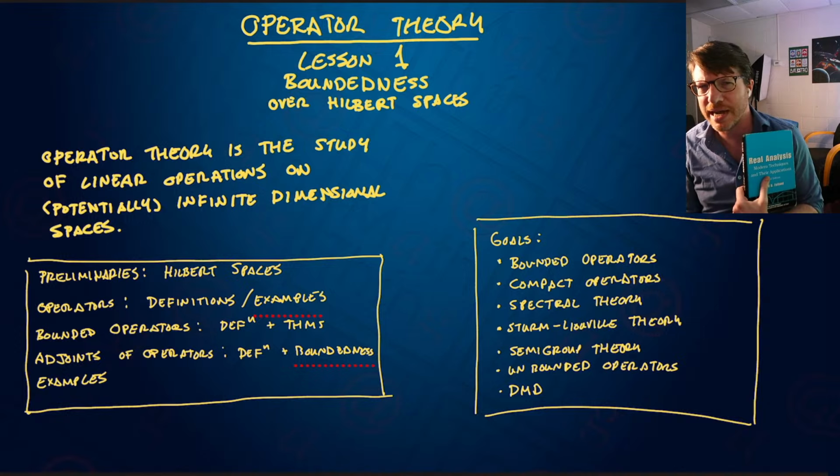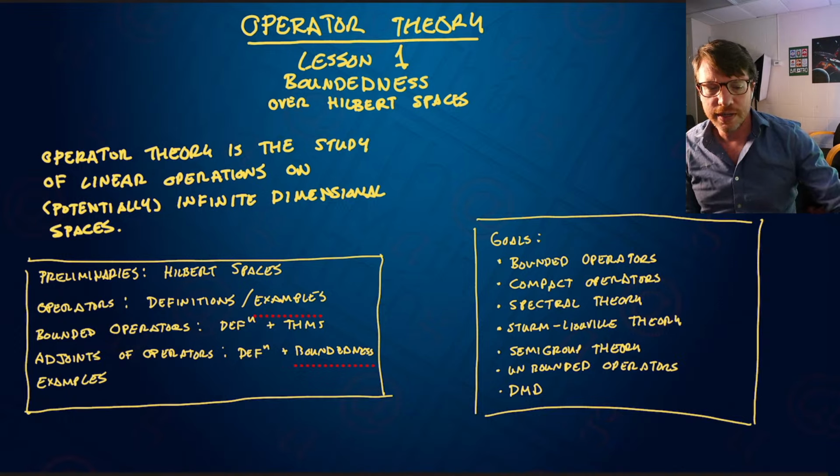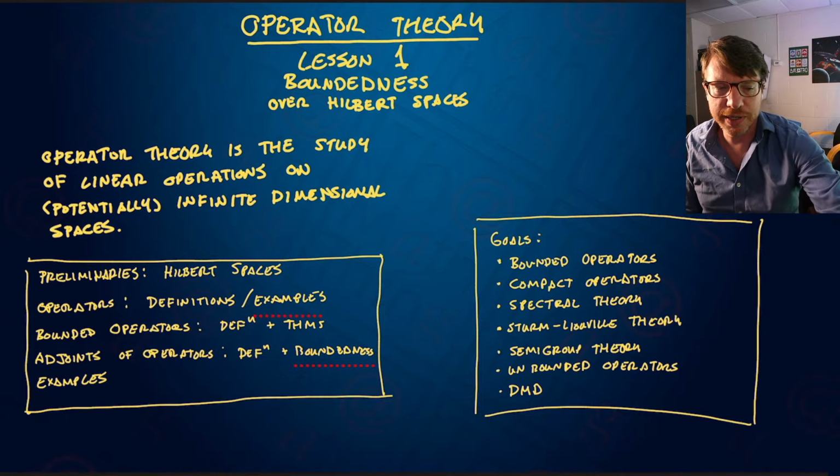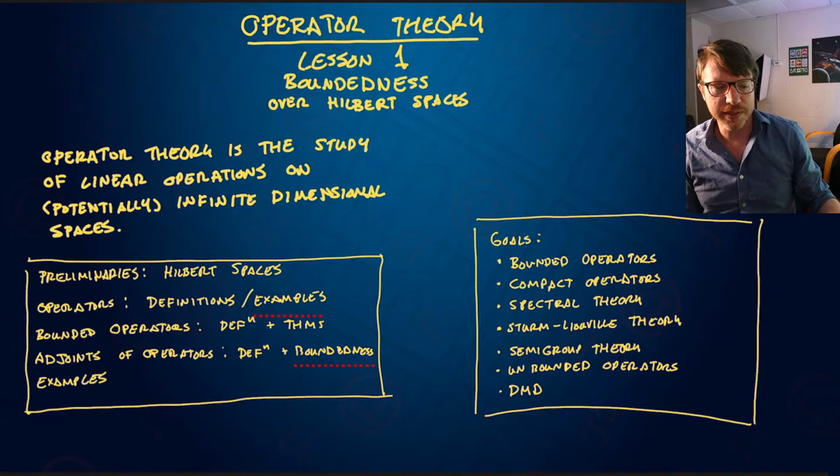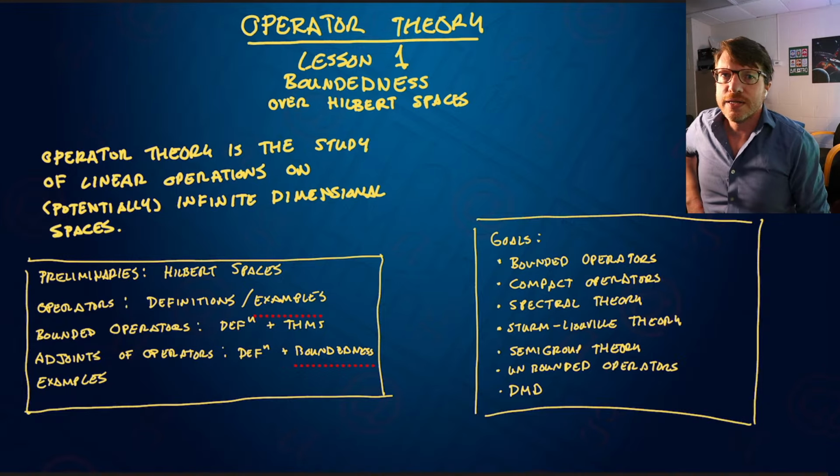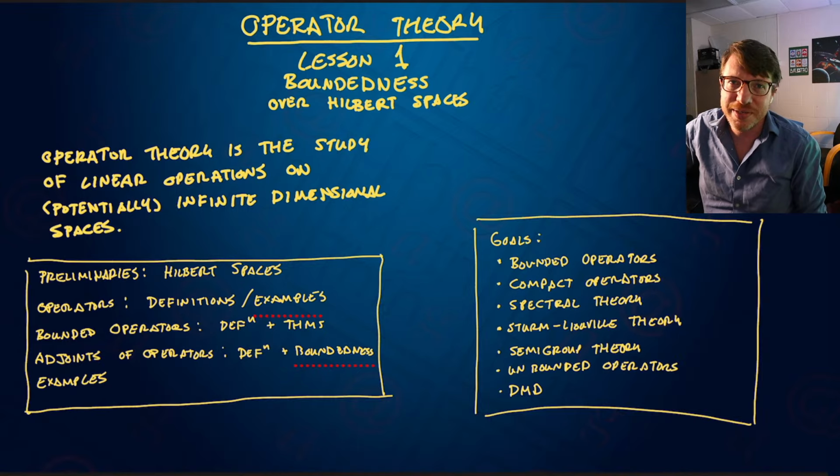I also like it better than Halmos. Paul Halmos wrote the first measure theory textbook. It's a good textbook, and he's a good writer, but I just prefer this one by Folland. And so that's what I did. That's how I got through it.